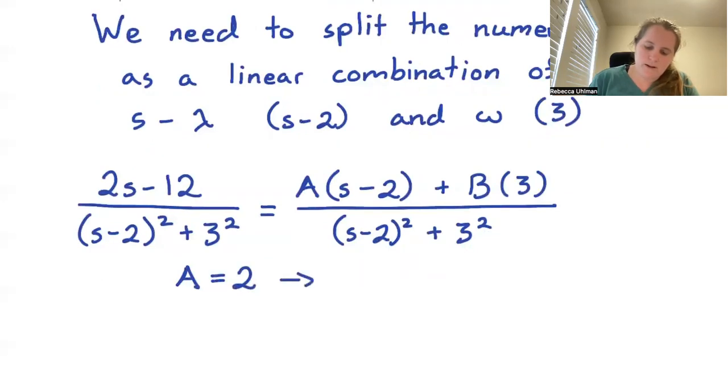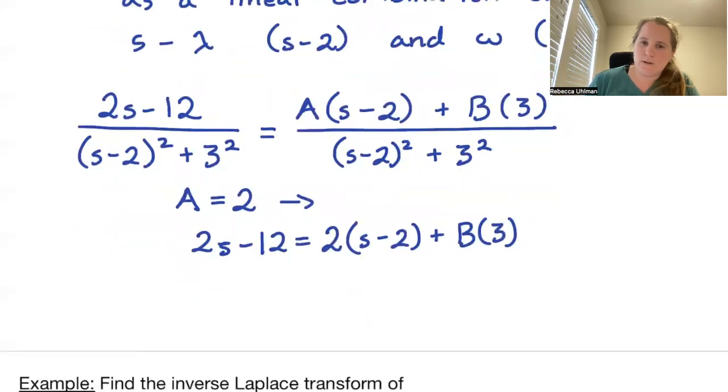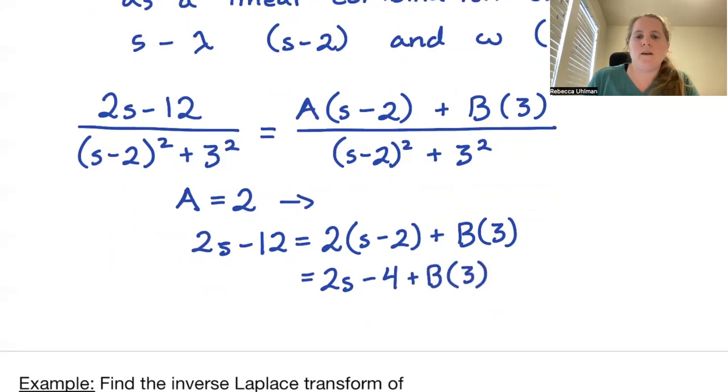So we are looking at 2s minus 12 is equal to 2 times s minus 2 plus b times 3, or 2s minus 12 is equal to 2s minus 4 plus b times 3.